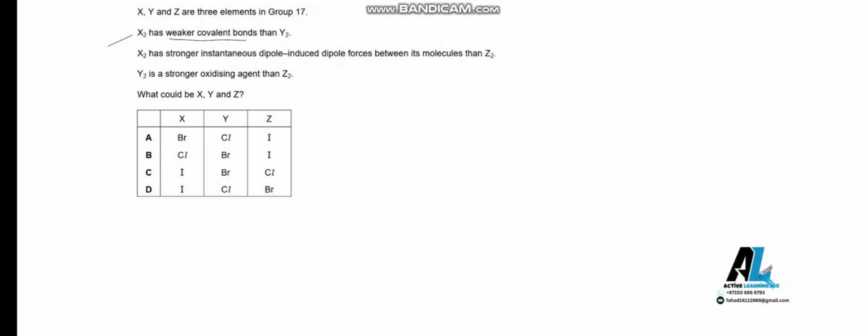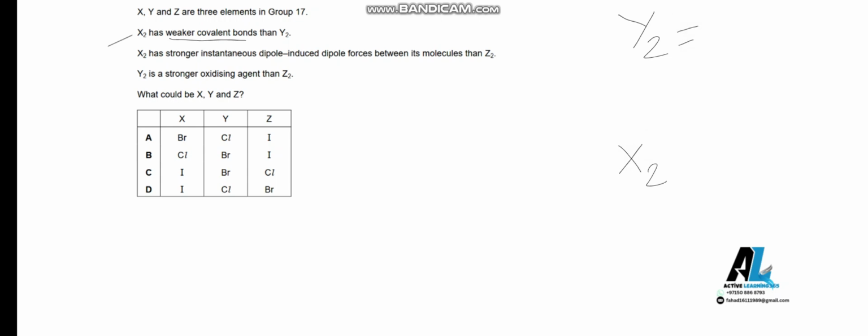So we know that the bond strength down the group basically decreases. So the ones on the top will have a higher bond strength. So Y2 will be on the top here and X2 will be in the bottom.